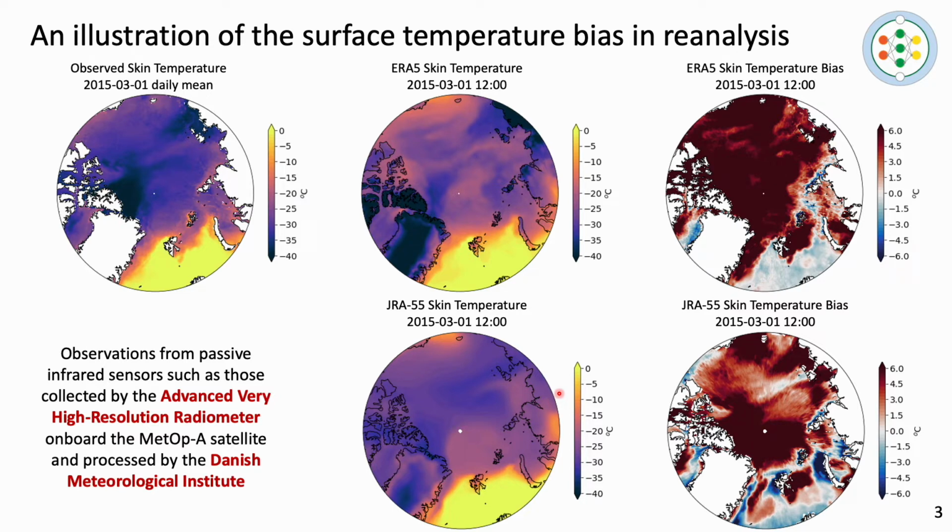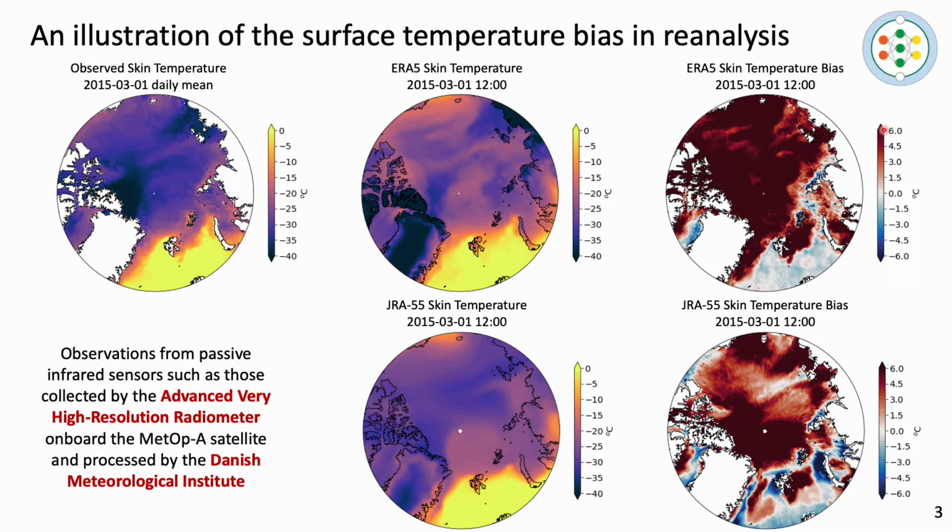However, the temperature is strongly biased. So you see there are these super large blobs, which here are saturated at 6 degrees, but probably are even larger. And this means that the bias that we can explain following what we discussed in the previous slide is quite substantial. The question is, can we do something about it?